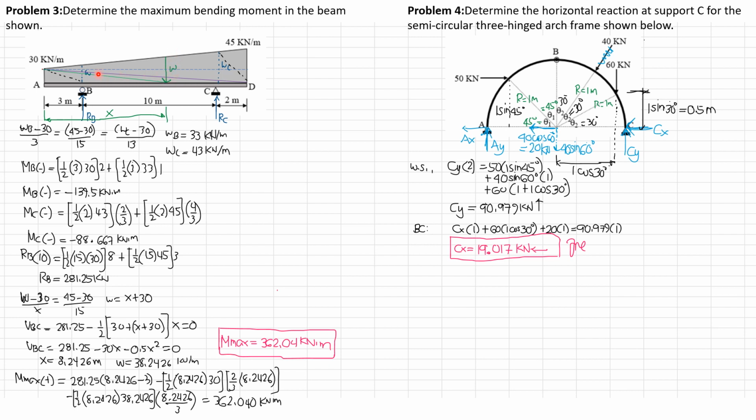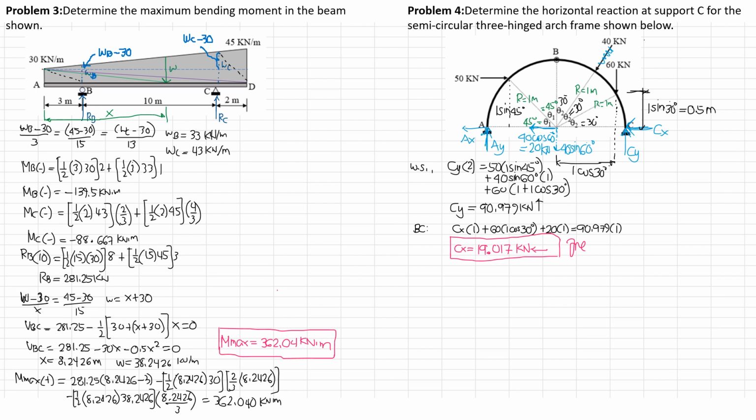So before that, let's solve for the intensity of the loading, which is denoted by WB as shown in the figure. So this is WB, and let's divide the trapezoid into two triangles by this blue dashed line so that the intensity there is WB minus 30. And this portion here is WC minus 30.